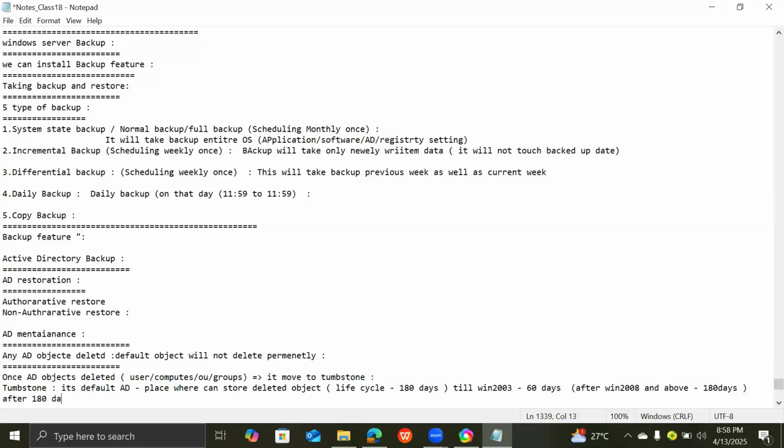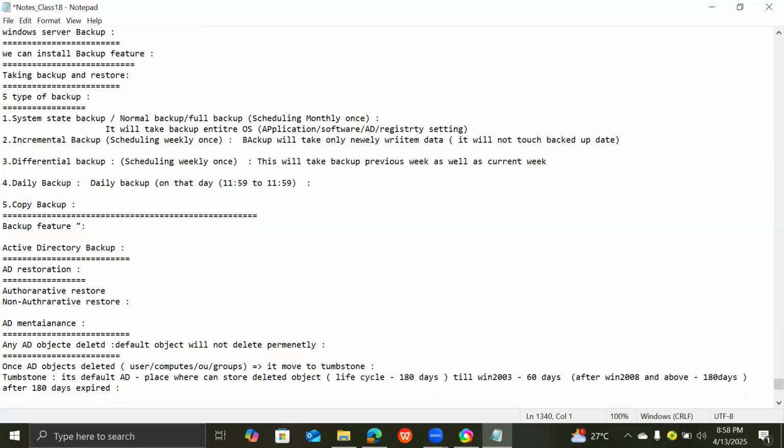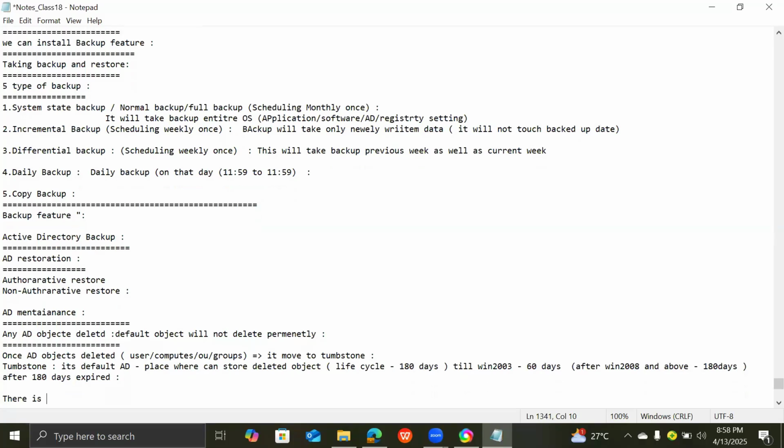After 180 days expired, there is a default Active Directory cleanup process happening every 24 hours.